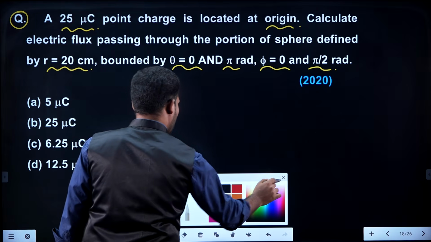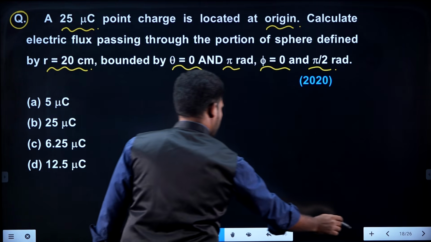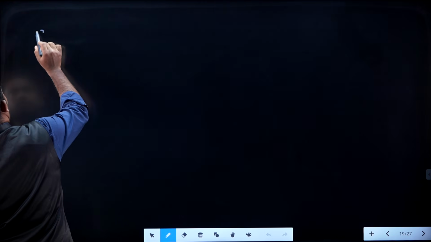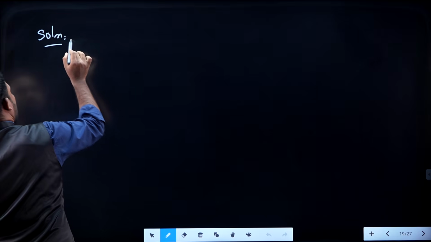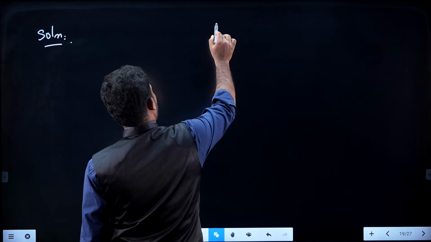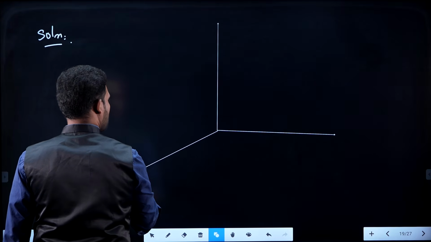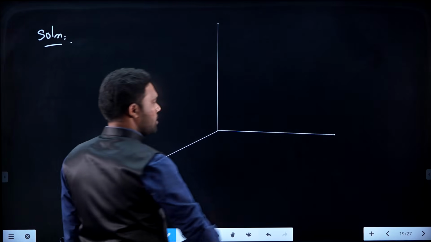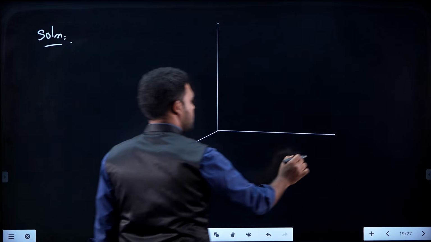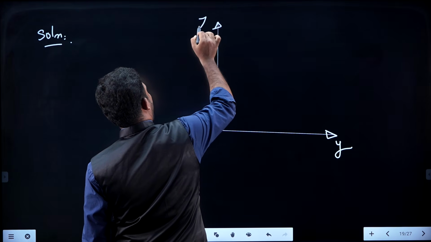So, let me try to draw what kind of shape this is for the sphere. Suppose you take the coordinate system, here is the coordinate system, this is x, this is y, this is z.